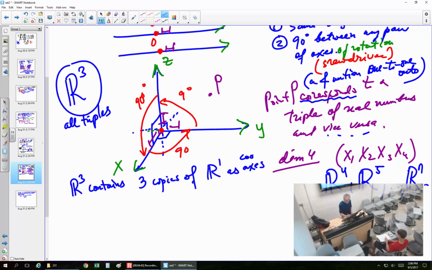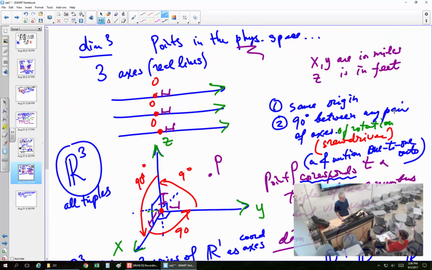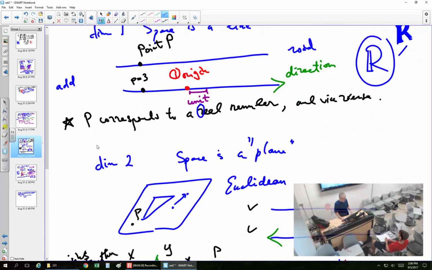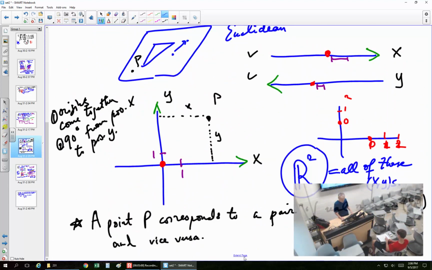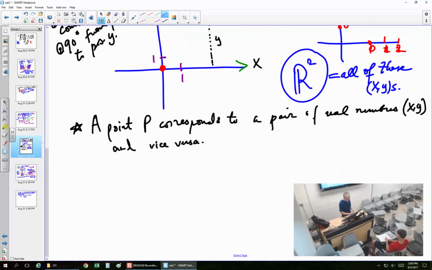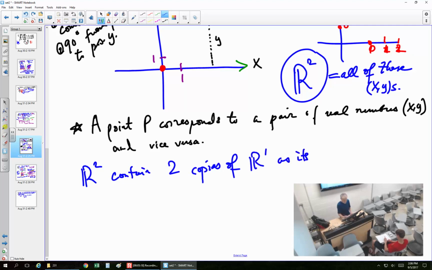R1 is in R2, is in R3? The almost exact same sentence can be said about R2: it contains two copies of R1 as its coordinate axes.